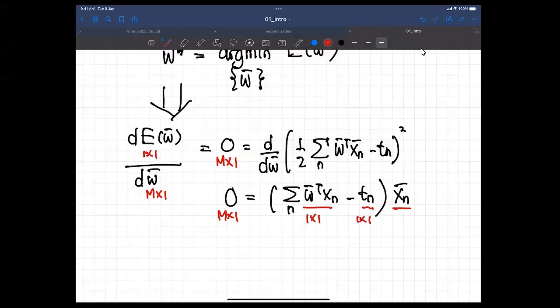And what is xn here? xn is one sample, depending on the complexity of your model, and the complexity of the model is M by 1. So that matches. You have a 1 by 1 dimensionality, basically a scalar, multiplied by a vector.